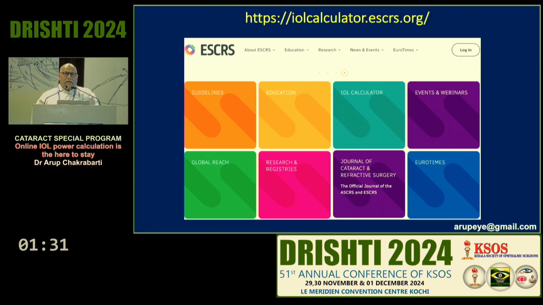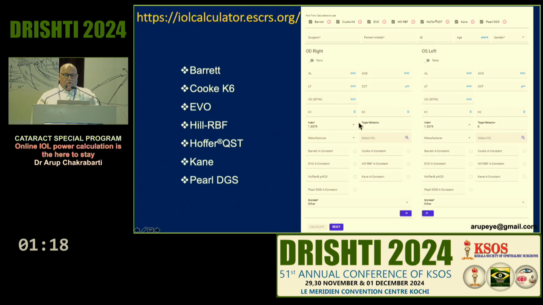Among all the cataract organizations, AAO, ASCRS, APACRS, their websites had IOL calculators. ESCRS did not have one, but 2 years back, they came up with this calculator. So basically for spherical IOL calculation, there are 7 formulas that are taken into account.